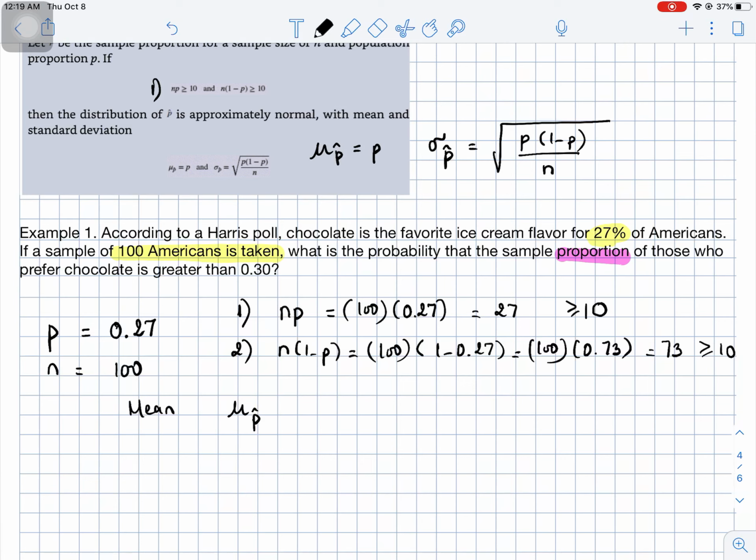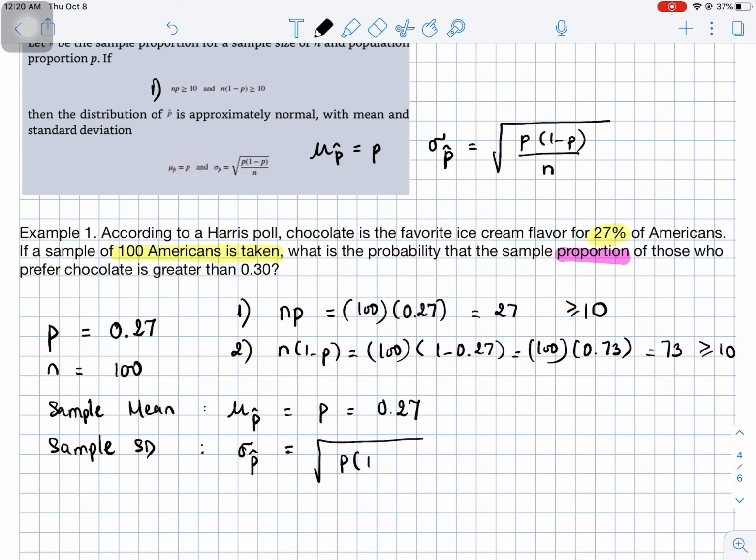So then we can apply the central limit theorem. Before we apply it, we need to calculate the mu of p hat. This is the mean, the sample mean for the proportion, which is equal to p, and p is 0.27.